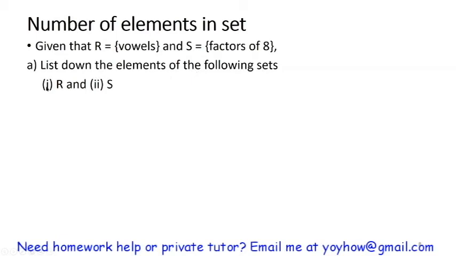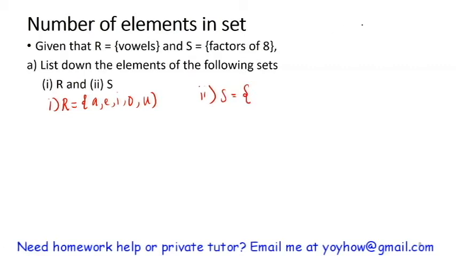Number 1 is your R, and number 2 is your S. We list down R first. So R equals the listing. We use the listing method here. So vowels are A, E, I, O, U. Then how about your S? S, factors of 8.